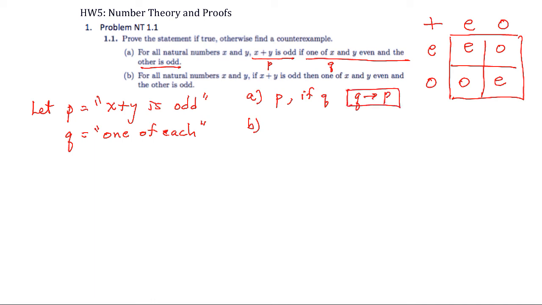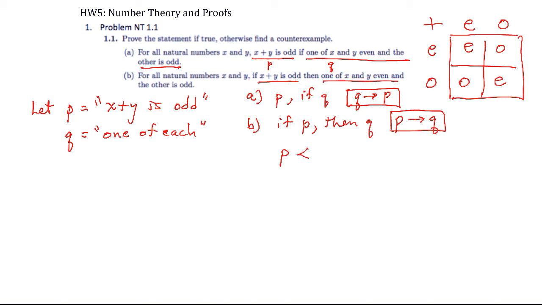Part B is a straight out if P, then Q. So in words, it's if P, then Q, and in symbols, if P, then Q, like this. In other words, they're both true, and we need to prove both of them, and what it's really saying is that P if and only if Q. Okay? When we've got the arrow both directions, we have to prove it both ways.